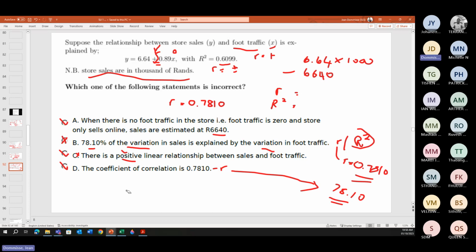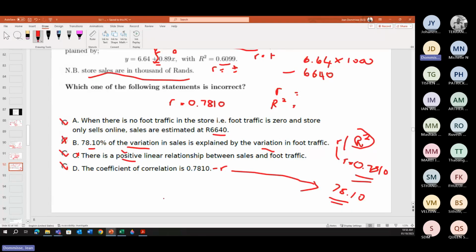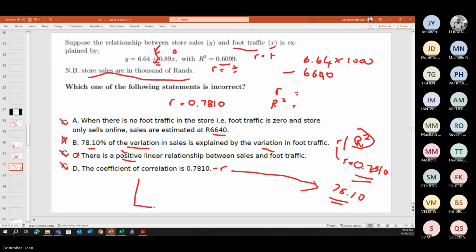Negative and positive basically indicates the direction. That one is a positive slope, so that will have a positive relationship. If your points are scattered like this, then probably that will have a relationship of 0.29.